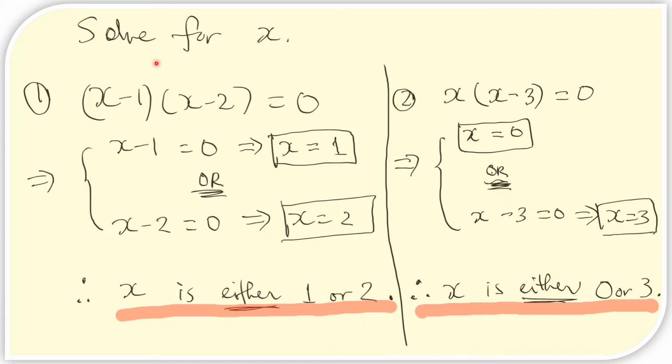Let us now try to solve some quadratic equations. Here we will solve for x. If we are given this equation, x minus 1 times x minus 2 equals 0, we know that either this factor or this factor must be 0.